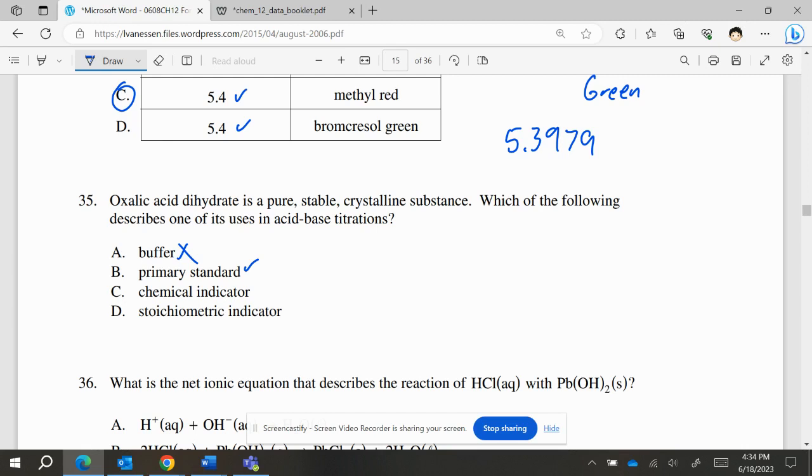That means, just like the previous question, it changes colors once it is in the presence of something, or it changes colors when it reaches a stoichiometric equivalence point. And the whole description of this oxalic acid does not talk about changing colors at all. So it just can't be this. It's just process of elimination. It has to be a primary standard.